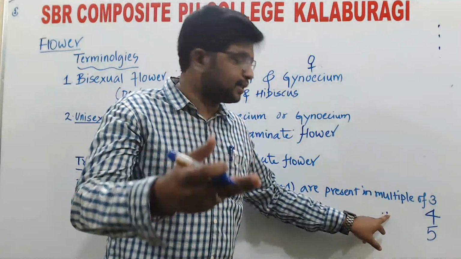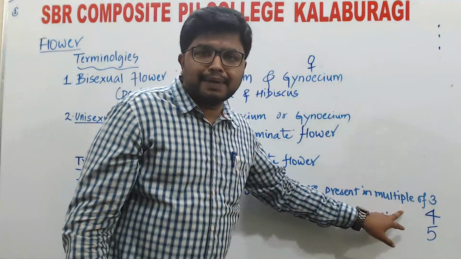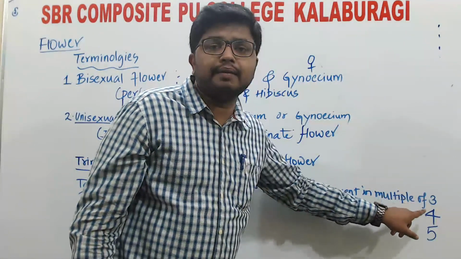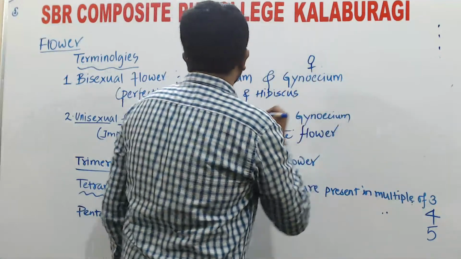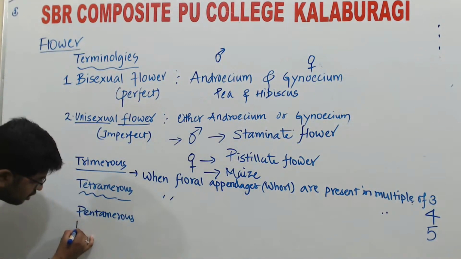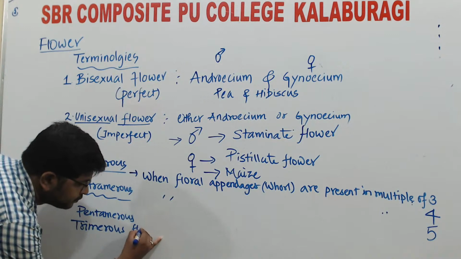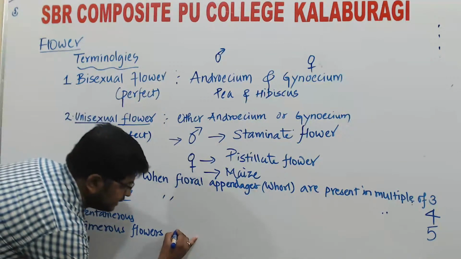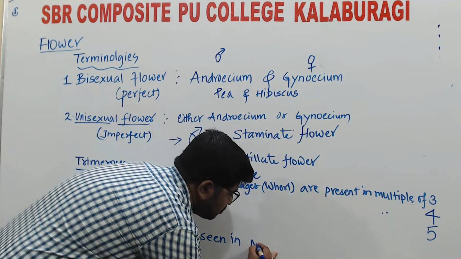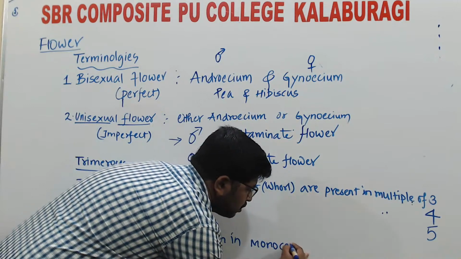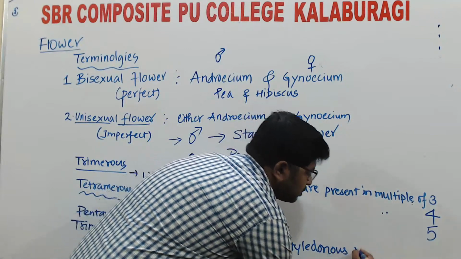There are a few exceptions, but generally a monocotyledon plant will definitely have trimerous flowers. Remember this and kindly note: trimerous flowers are generally seen in monocotyledonous plants.